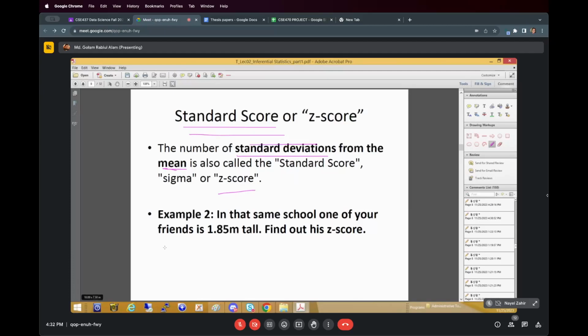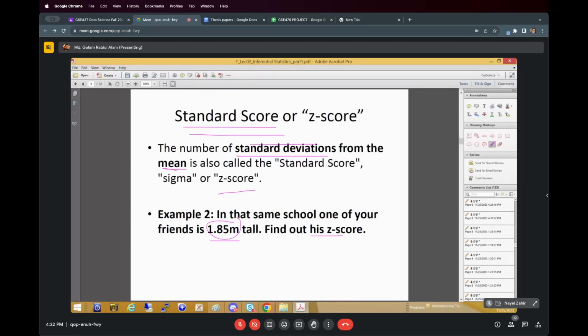For example, in the same school, one of your friends is 1.85 meters tall. What's the Z score for this? The Z score is usually defined as the number of standard deviations from the mean. Here the height is 1.85.